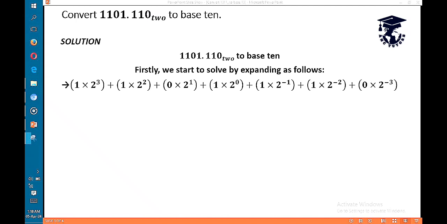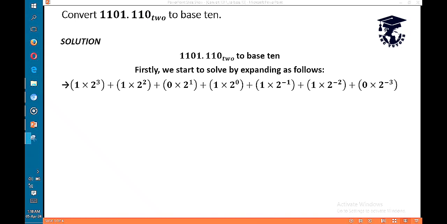Then we come back to the fourth bracket, where we have the power of 0. Moving towards the right, we bring a power of -1, then a power of -2, and at the most extreme right, the power of -3.